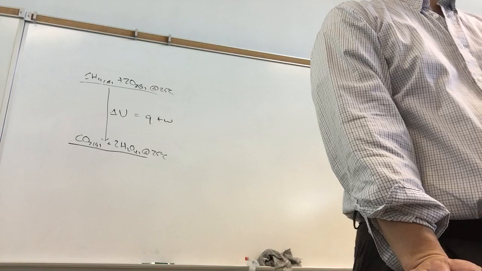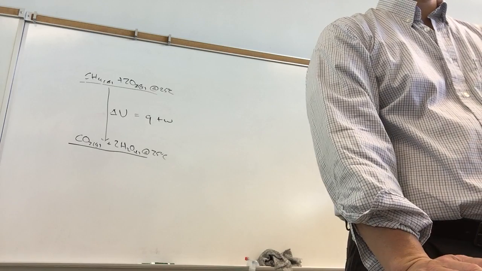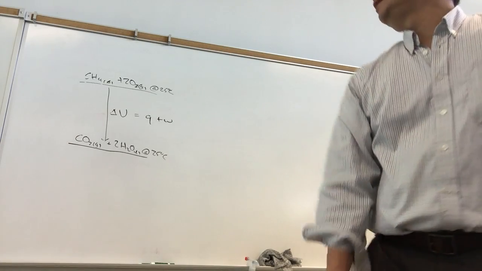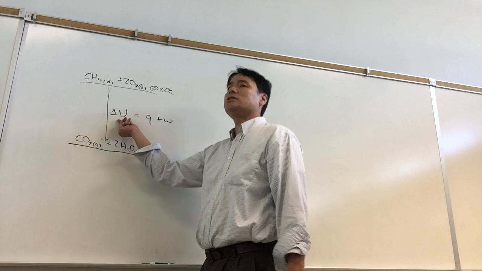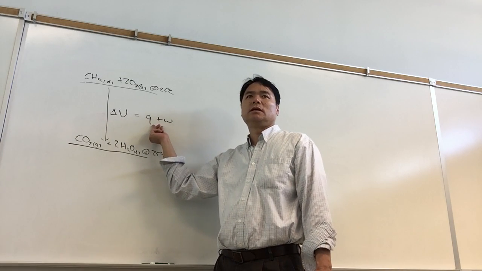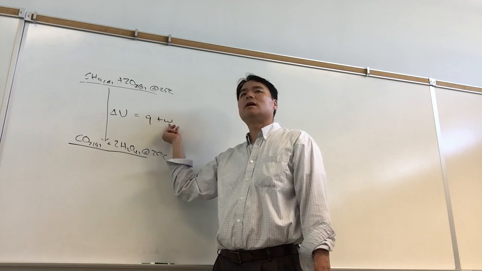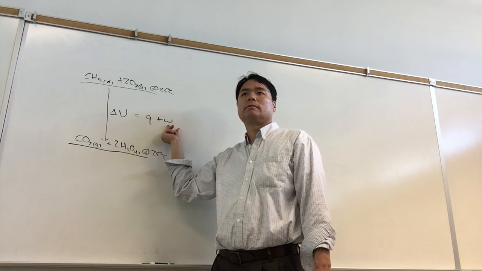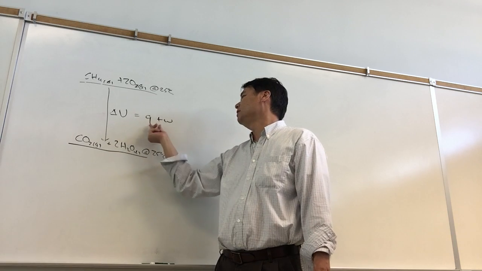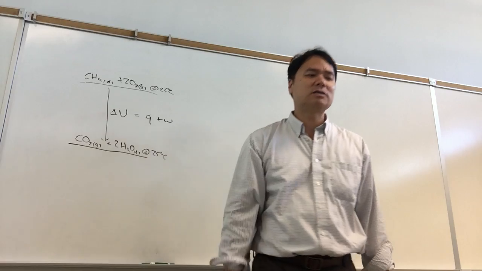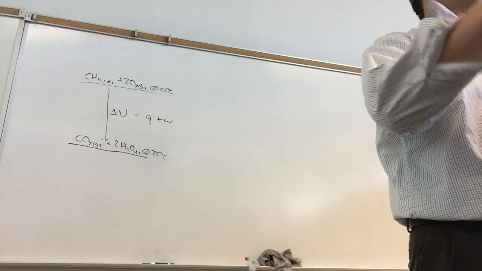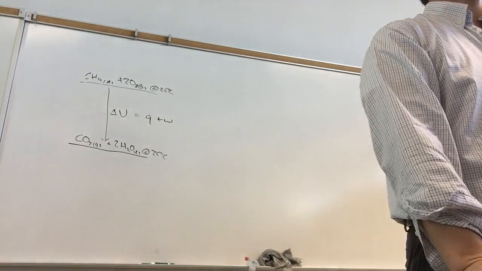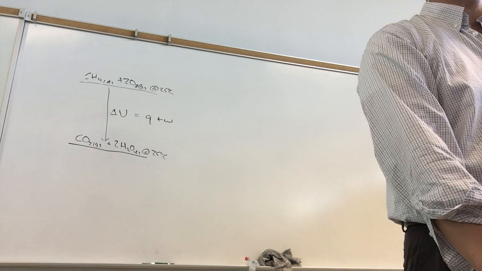If we did this reaction in a bomb, then all the internal energy change gets converted into heat because no work can be done. There's no volume change. And so in a bomb, we do that. But if we did this at constant pressure, then there's a volume change. And if there's a volume change, then work was done.